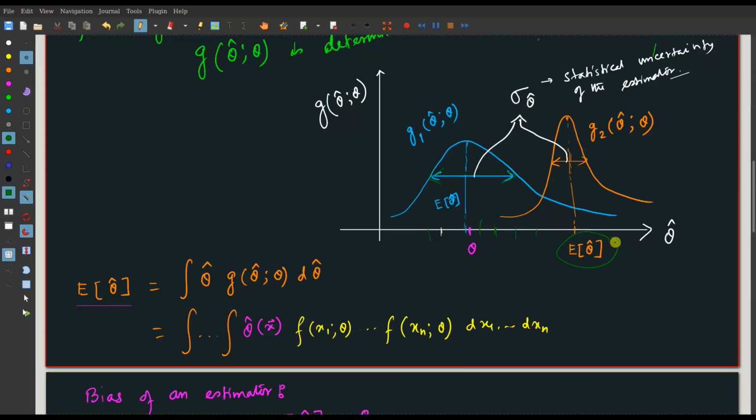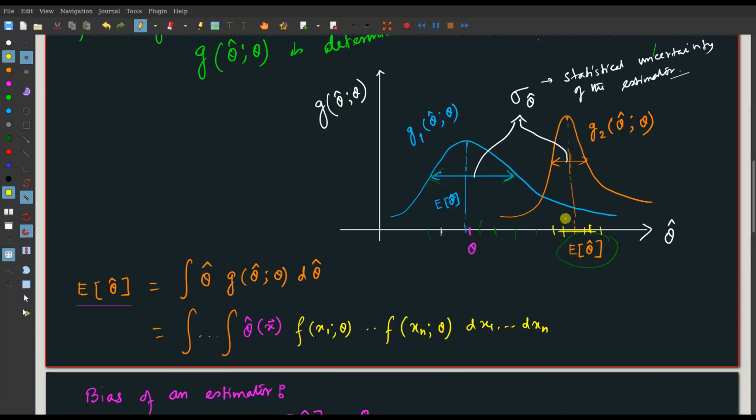Now, if we are here, although we are away from the true value of theta, we can be very confident in my estimate of this orange estimator. Okay, because even if I repeat my experiment, my other values will lie very close to this value, so it will not fluctuate as much as in the previous case.